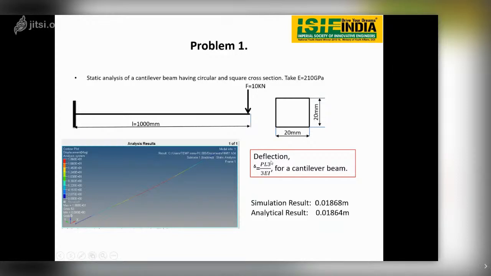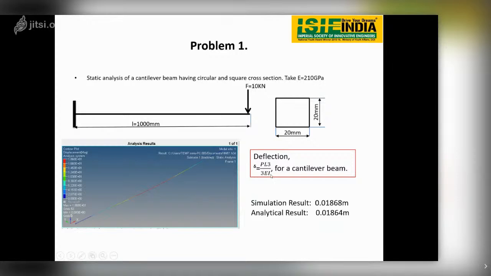Suppose you want to calculate the deflection. The deflection can be calculated by the equation PL cubed divided by 3EI. Here L is equal to 1000 mm, P is the applied force, equal to 10 kilonewton, and 3 is the constant. E is the Young's modulus, equal to 210 gigapascal.